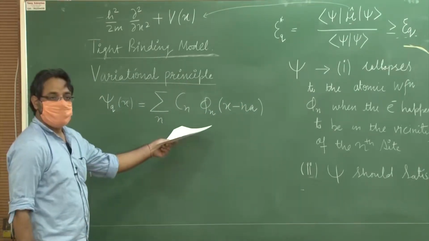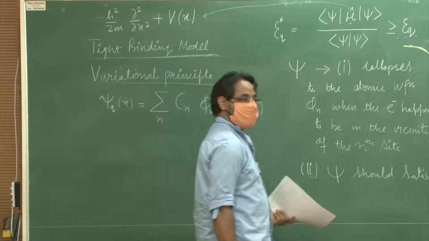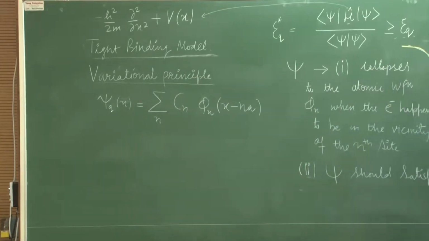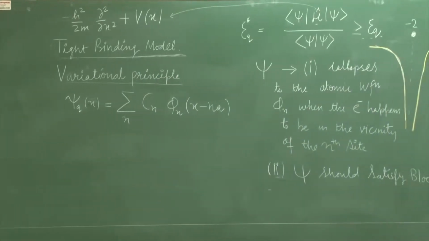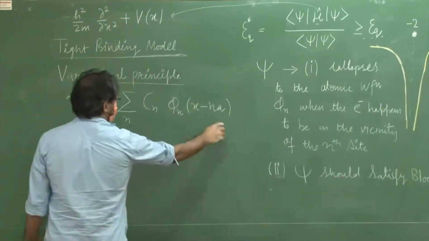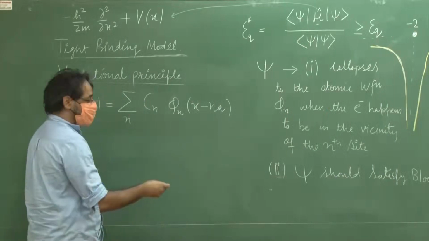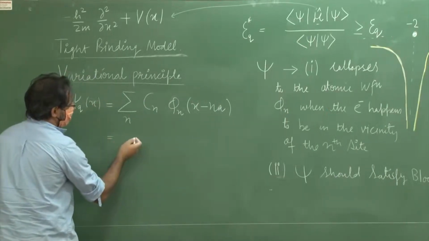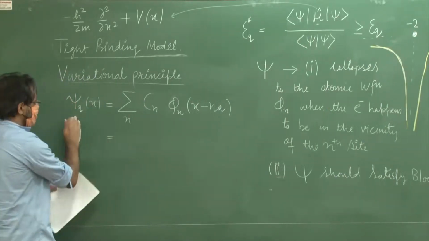What is it? It's a linear combination of atomic orbitals, isn't it so? It's just C1 phi 1, C2 phi 2, C3 phi 3. That's how I constructed my wave function.